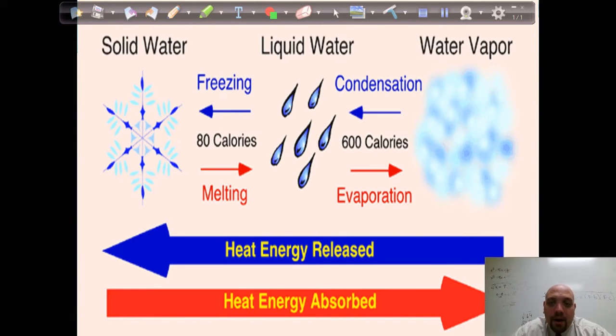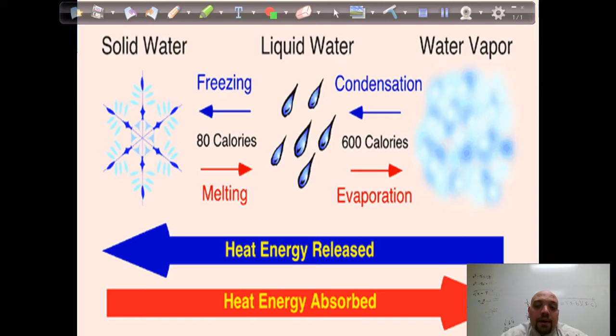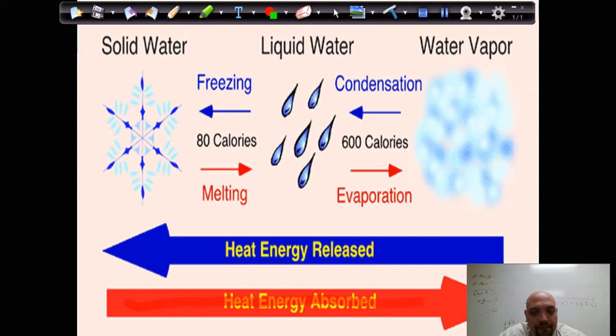But what we will talk about, which is really important, is heat and how heat is involved in the water cycle. So this graphic basically shows phase changes, all the changes of water from one form to another. The important piece is if I move from left to right in this direction, we know that we are absorbing energy. If we move in this direction on this graphic, we are releasing energy.